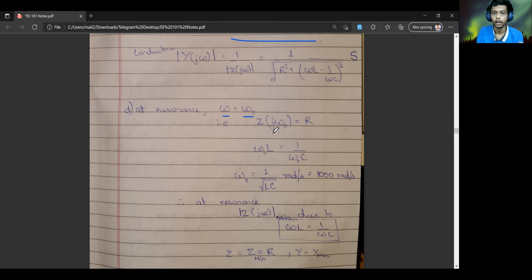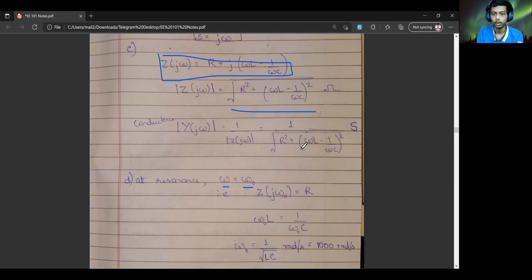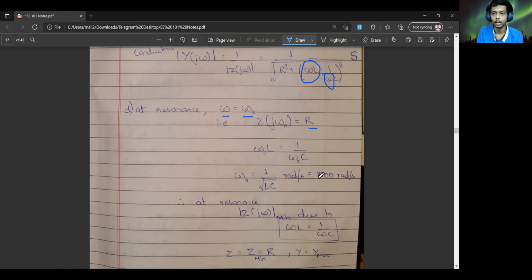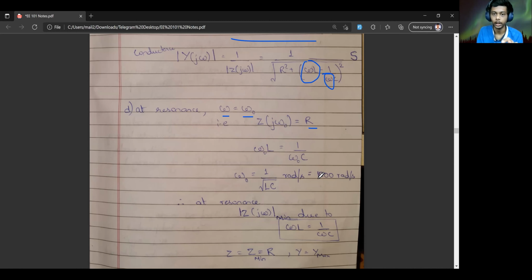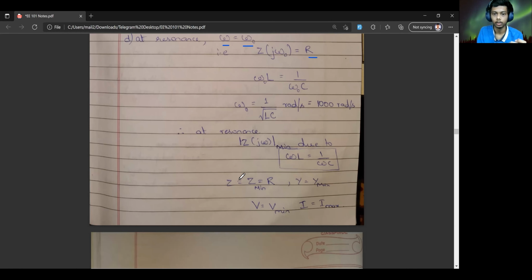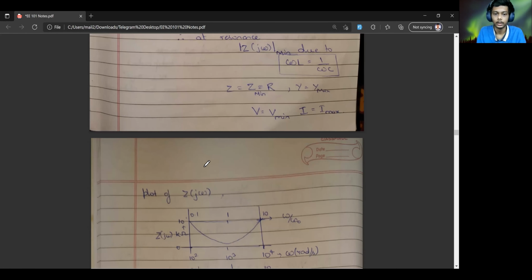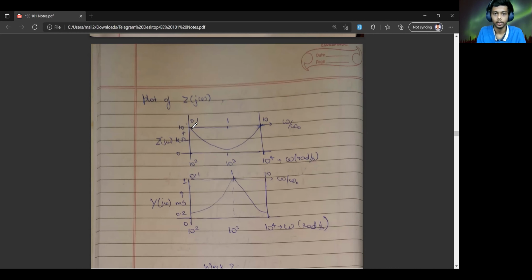When omega is equal to omega naught, the terms omega L and 1 by omega C cancel out, and the impedance only becomes R. That is when the resistance of the entire circuit becomes very low, and the voltage becomes very high. That is how a resonator circuit works. So here you can see.